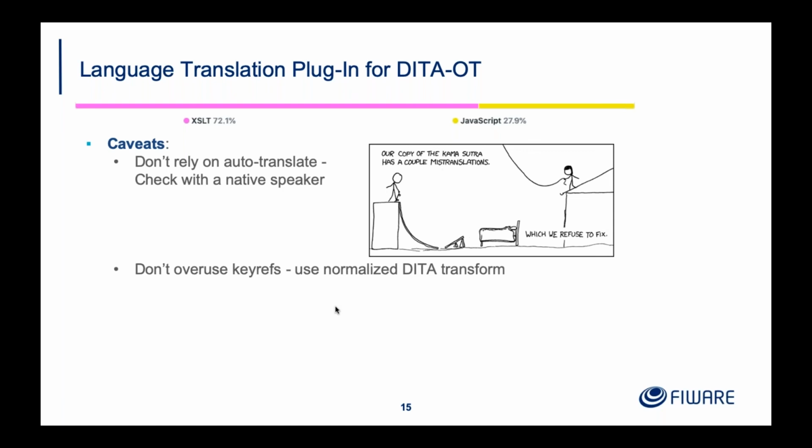Similarly, if you are looking to translate texts, you should not overuse keyrefs. The best thing to do here actually would be to use the normalized DITA transform to get rid of them altogether.